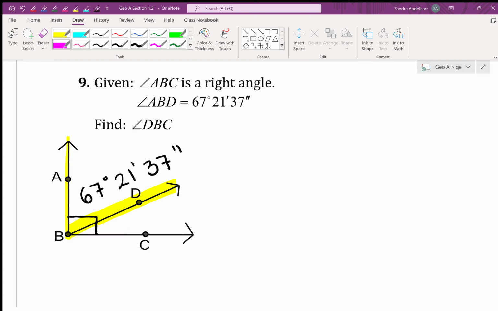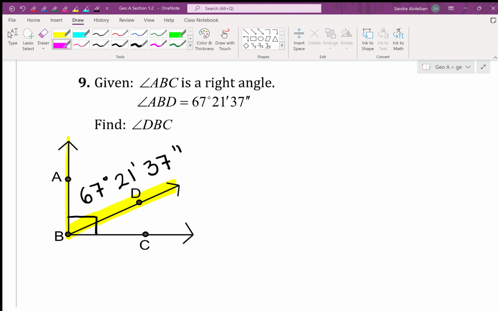Are we caught up? All right, so let's talk about this. Let's forget about this whole mess. 67, 21, 37, forget it's there. If I told you the big angle was 90 and I told you the top angle was 60, what is the bottom angle? 30, how'd you know? What'd you do? Subtraction, 90 minus the top angle, right?